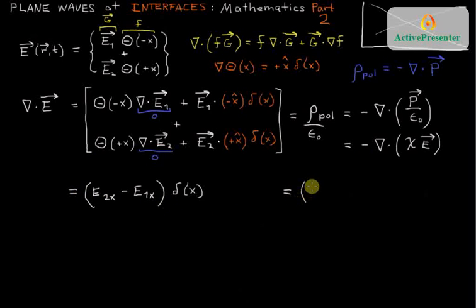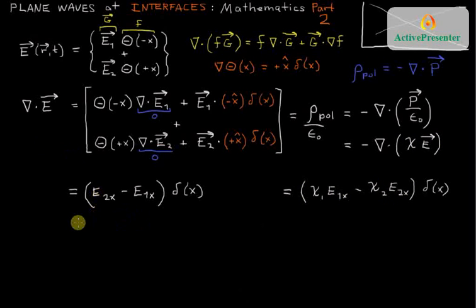So it's going to be positive chi 1 E1x minus chi 2 E2x, times the delta function. So by having analyzed the divergence of E, we can very quickly write down by inspection what the negative divergence of chi E is equal to. We simply take the term on each side of the boundary and write it down as we had it here.